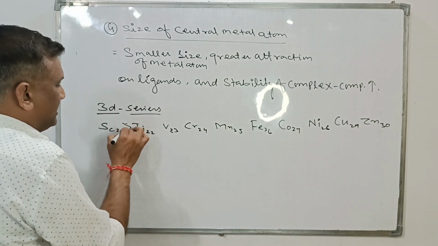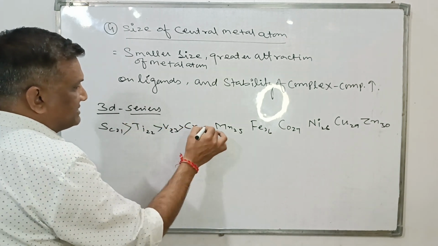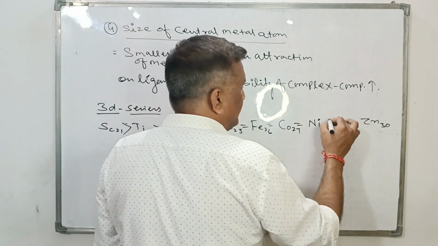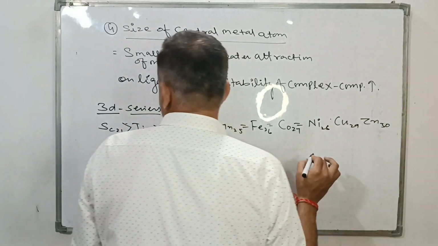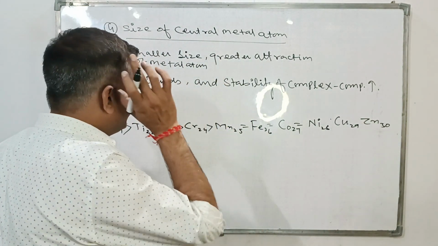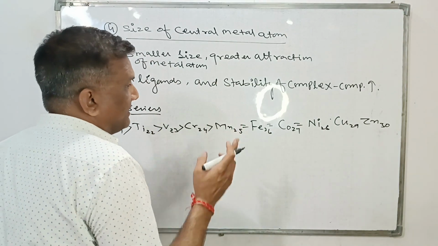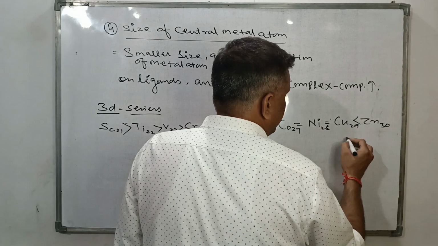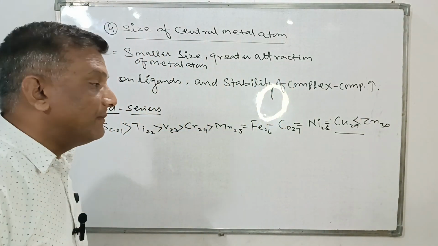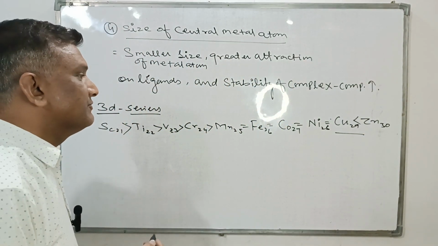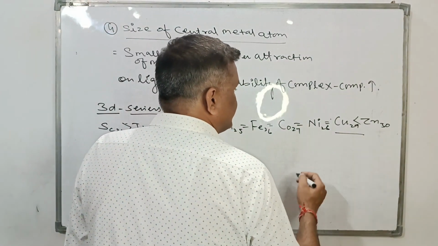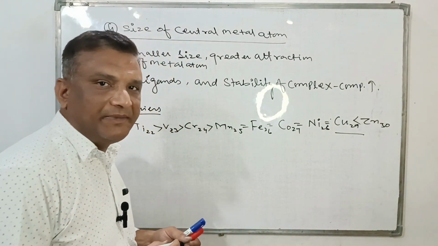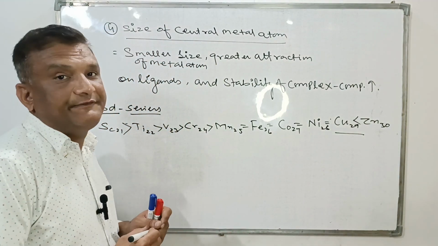Size of the metal atom decreases across the series, and the smaller size for copper is very small. So we can say that in the 3d series, the complex compound of Cu will form the most stable complex compound. This was about the fourth effective factor.